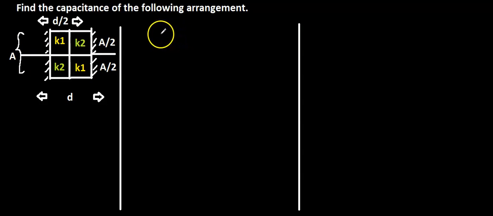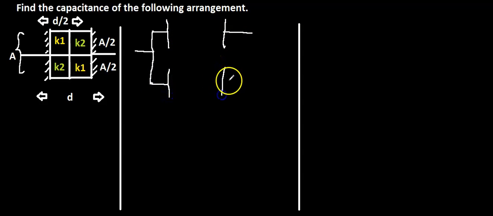So one way that I can think of is to break down this problem into smaller problems. So let's try that out. I can rewrite this problem in a slightly simplified manner. So now I have two capacitors.